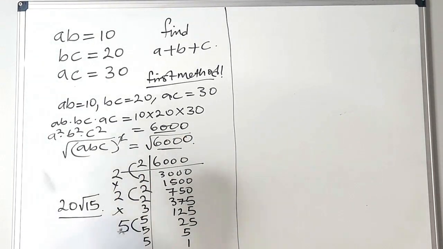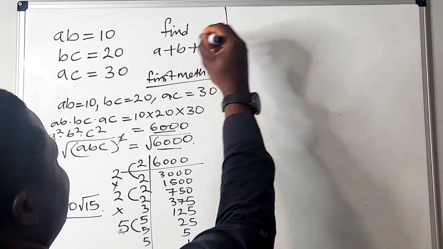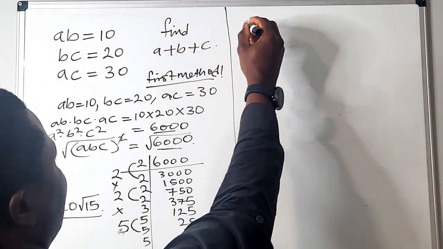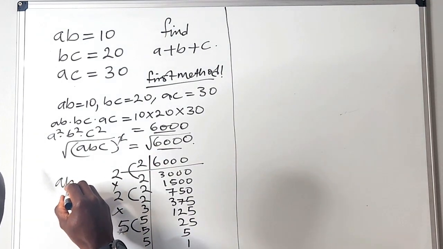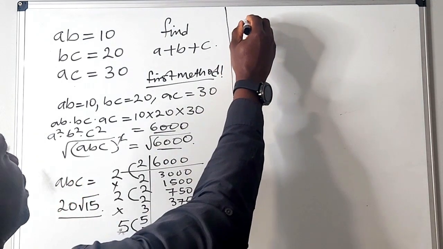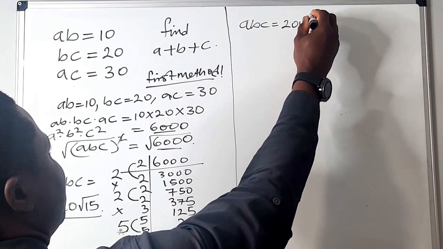That's the square root of 6,000, okay? Now, we know that we're supposed to find the value of A. So now we know ABC is equal to 20 root 15.